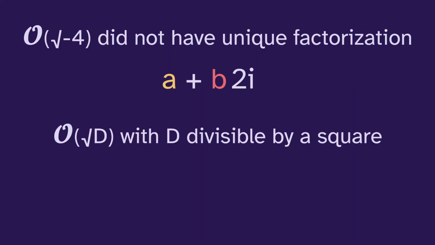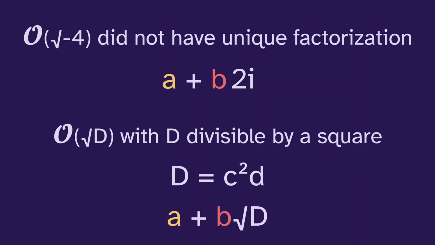And similarly, if we have any O root d, with d being divisible by a square, that means that d is equal to some c squared times little d, then a plus b root d could just be written as a plus b root c squared d, which is just bc root d.